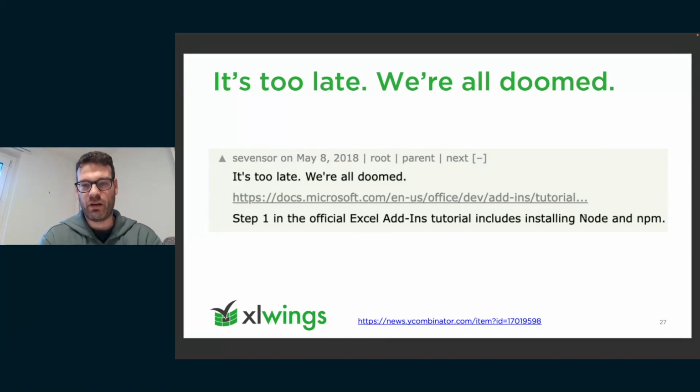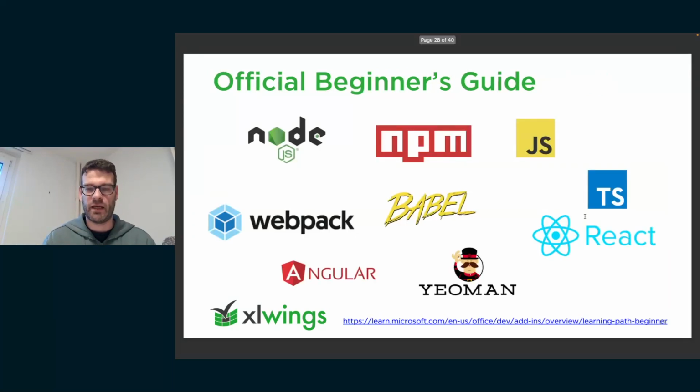So it's too late, we're all doomed. And step 1 in the official XL add-ins tutorial includes installing Node.js and npm. And as funny as that is, it's only half the truth, because it's not just Node and npm. You also need to take a decision between JavaScript or TypeScript or Angular or React. That's what the quick start guide asks you.